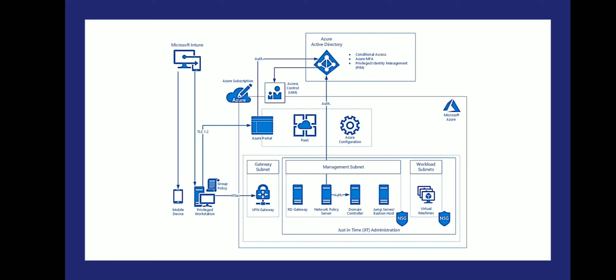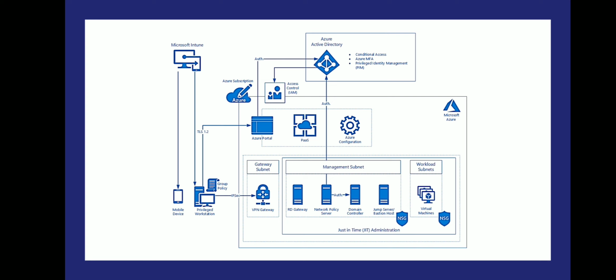As you can see, it is very clear how we are meeting all the requirements from ACSC, and we have fulfilled the Azure configuration portal access and Azure workload administration access by explaining these different components.